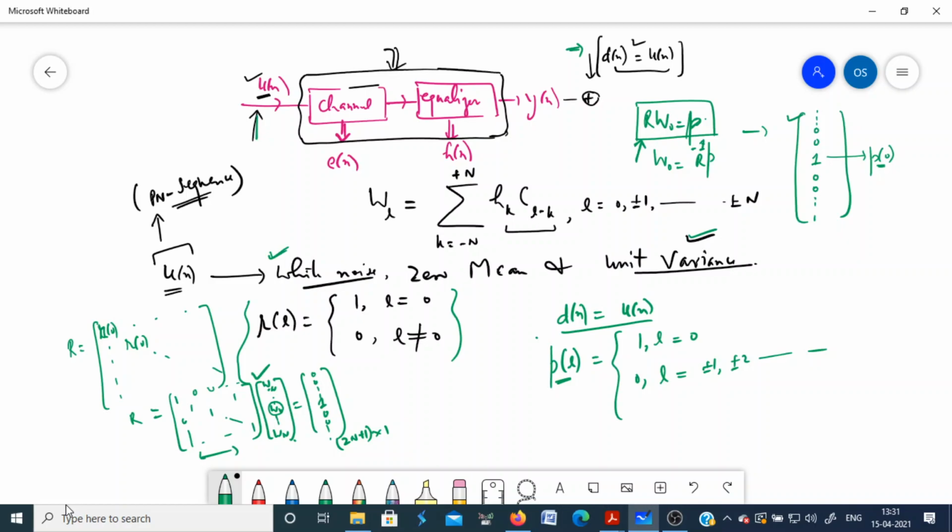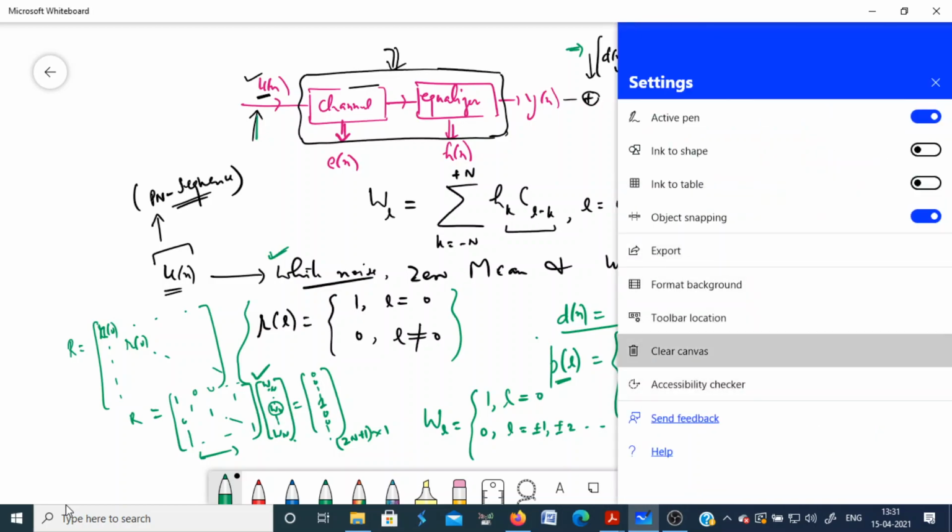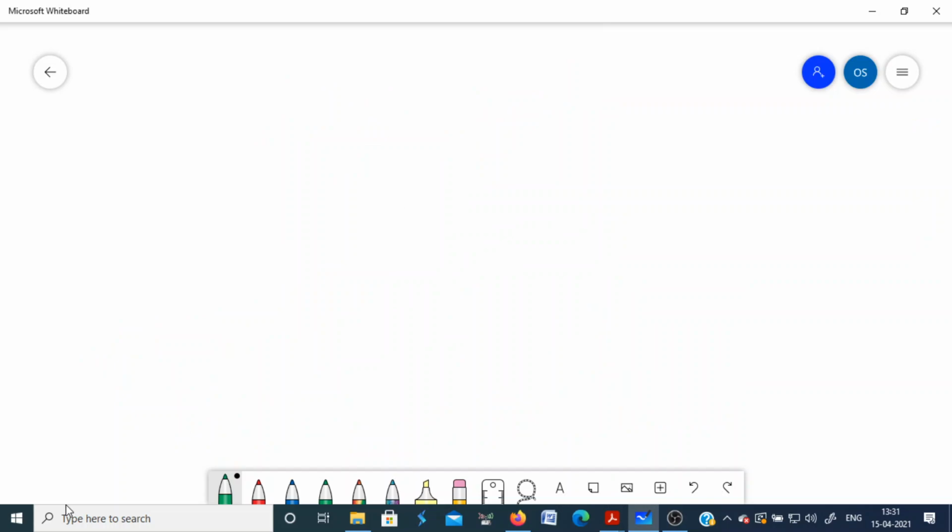Alternately, by applying this Wiener filter equation, WL will be equal to 1 if L is equal to 0, and it is 0 for L equal to plus minus 1, plus minus 2, and so on. This you have obtained by applying the Wiener-Hopf equations. Now this is my WL, and WL basically was the convolution between the channel response and this equalizer.